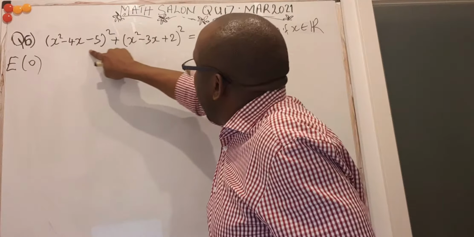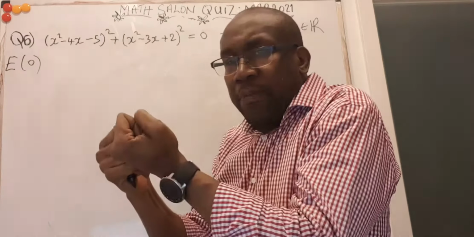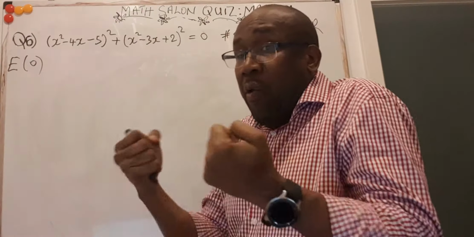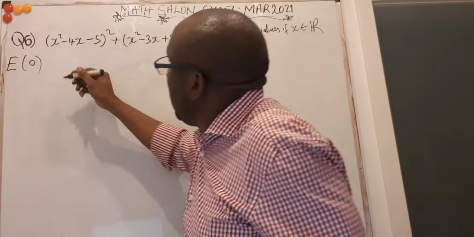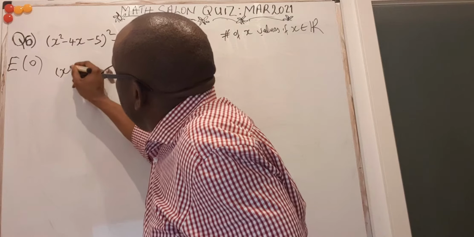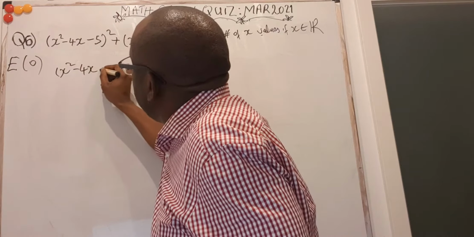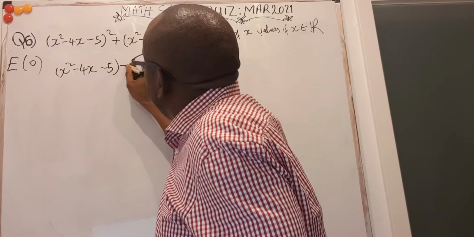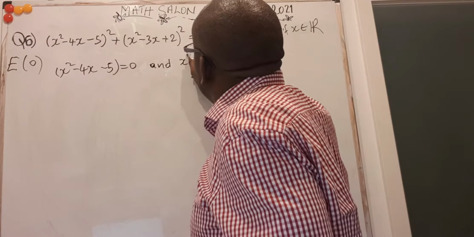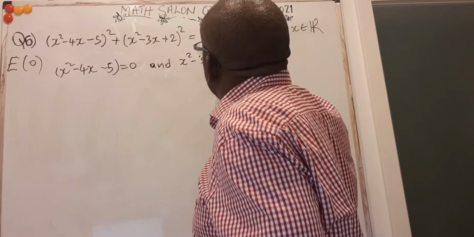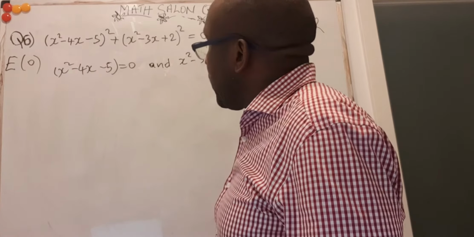So if I square two numbers and sum them up and get 0, that can only be possible if both numbers are 0. That means this is only possible if x squared minus 4x minus 5 is equal to 0 and x squared minus 3x plus 2 is equal to 0.